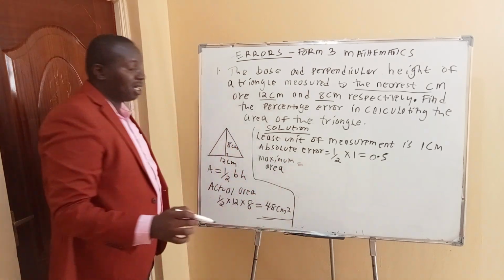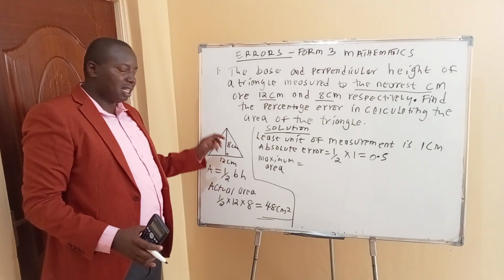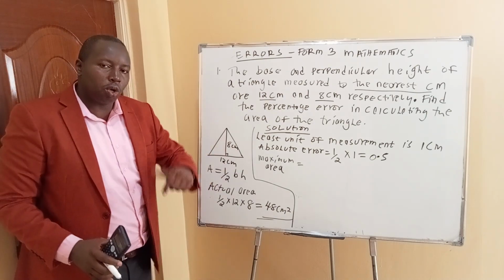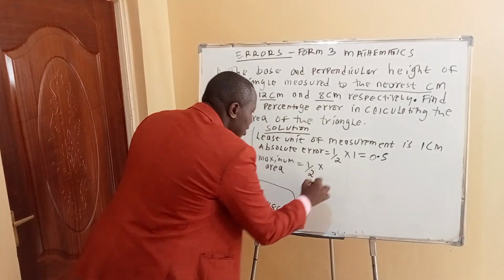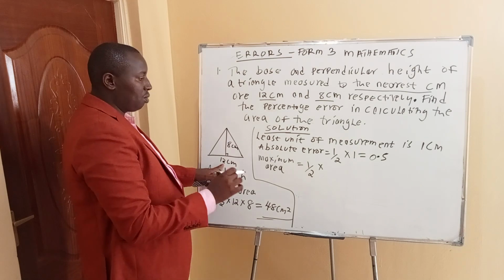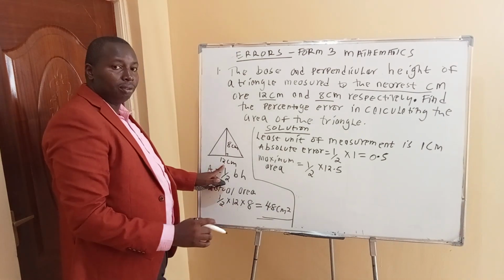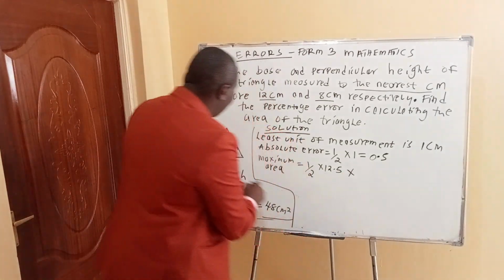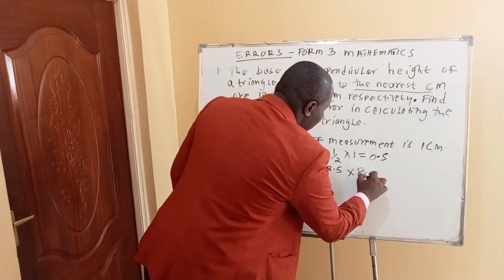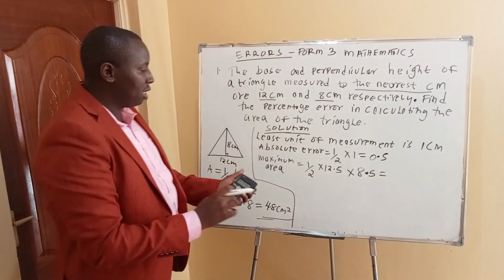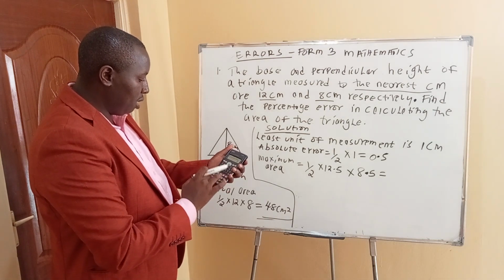Therefore, when you want to get the maximum area, you take the base and the height at their maximum. So the maximum area will be a half times the maximum base, 12 plus 0.5, which is 12.5, times the maximum height, 8 plus 0.5, which is 8.5. So a half times 12.5 times 8.5.